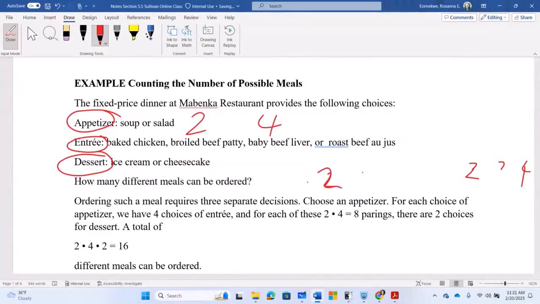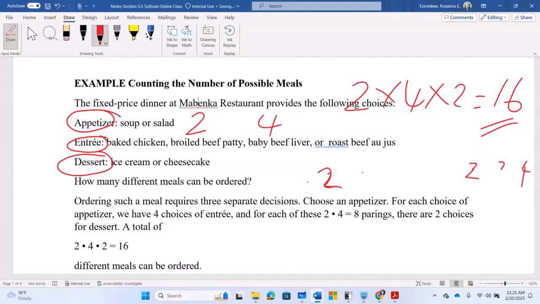And the question is asking, how many different meals can you order? So what you're going to do is multiply them up, which gives you 4 times 4, 16. There are 16 different ways you can order.